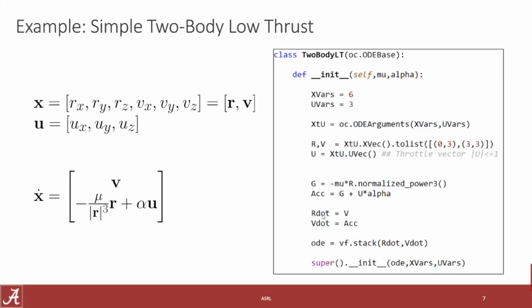We know that r dot is just velocity, v dot is acceleration. So we can compute some variable name. Standard practice, we just call it ODE because this is the derivatives of your states, but you could name this whatever you want. For ODE, we're now just going to stack r dot and v dot. So we now have this ODE is a size 6, so it corresponds to our state vectors.